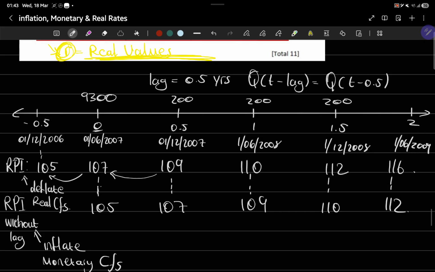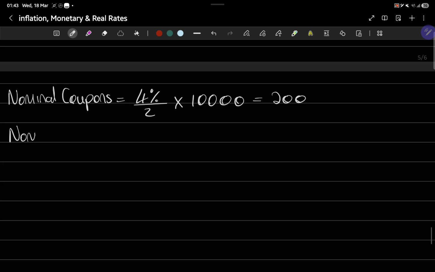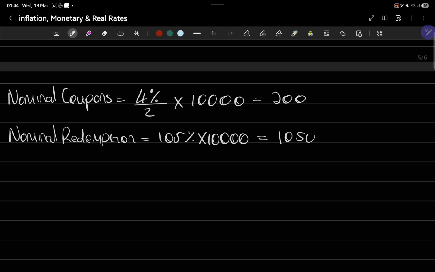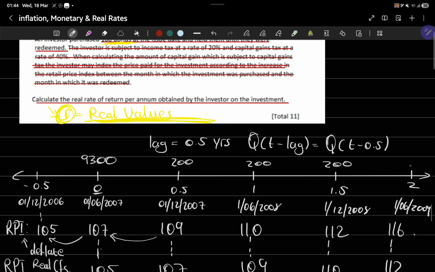And the nominal redemption is equal to 105% times 10,000, which is 10,500. So here we'll have the redemption 10,500 plus the last coupon 200 to get 10,700. Good people, these are nominal values: 9,300, 200, 200, 200, 10,700.